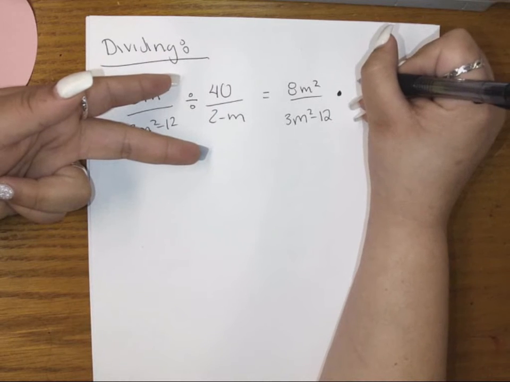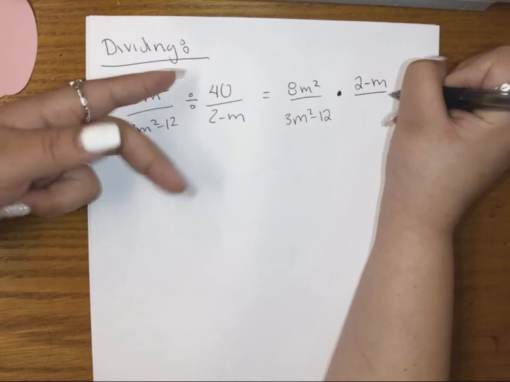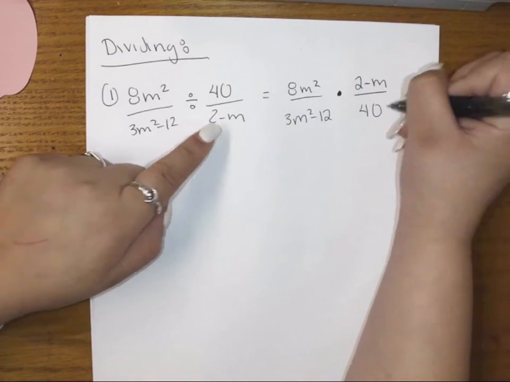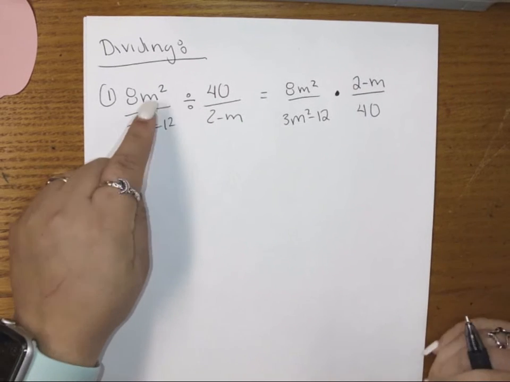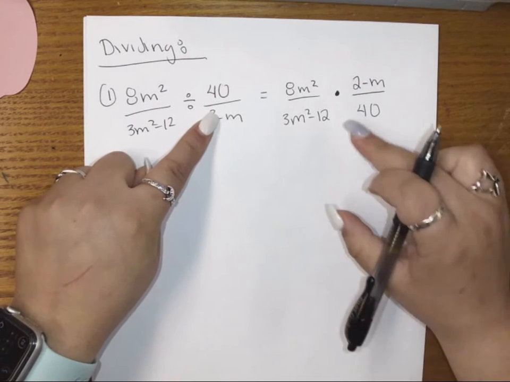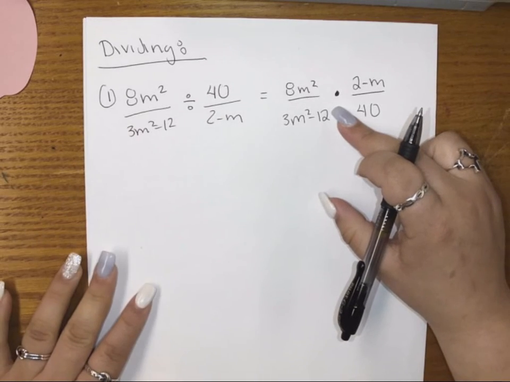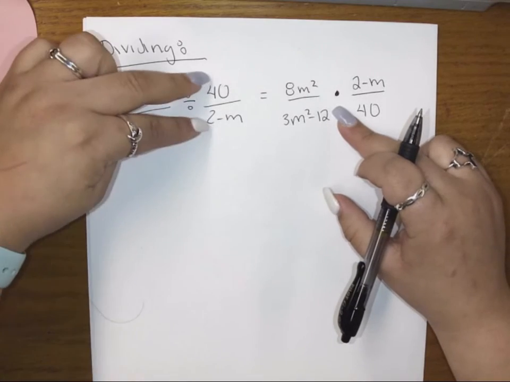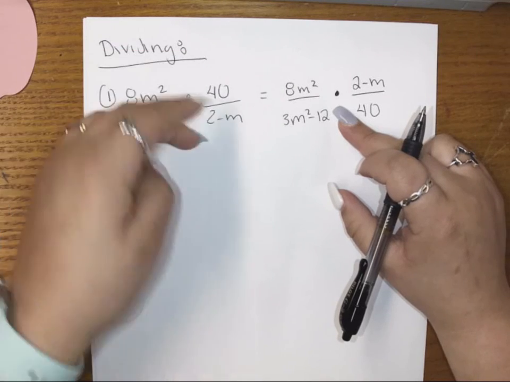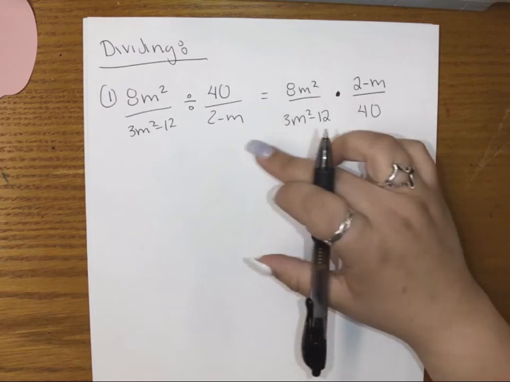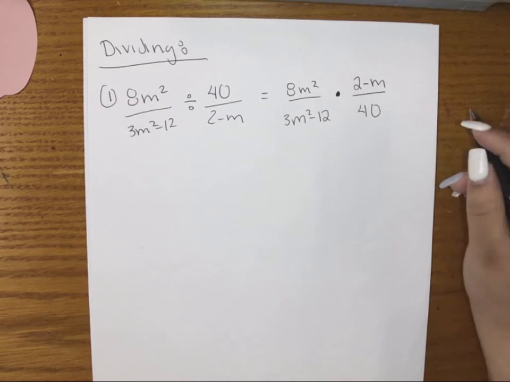So when we flip it, 2 minus m comes on top, and 40 comes on the bottom. Let me say that one more time. Division of rational expressions are changed to a multiplication, but you have to take the reciprocal, so you have to flip your second fraction, whatever fraction we're dividing by.